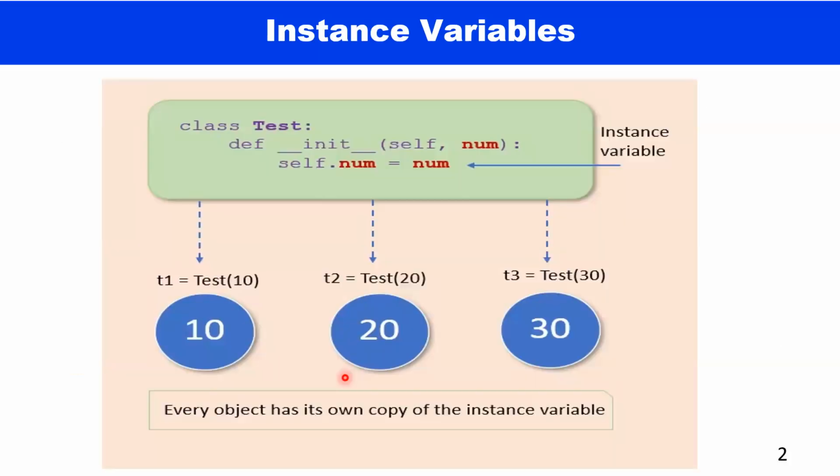For example, if you modify the value of num of T1 by using T1.num equal to 15, only the value of the object T1 will change to 15. It does not affect the num variable of T2 and T3.